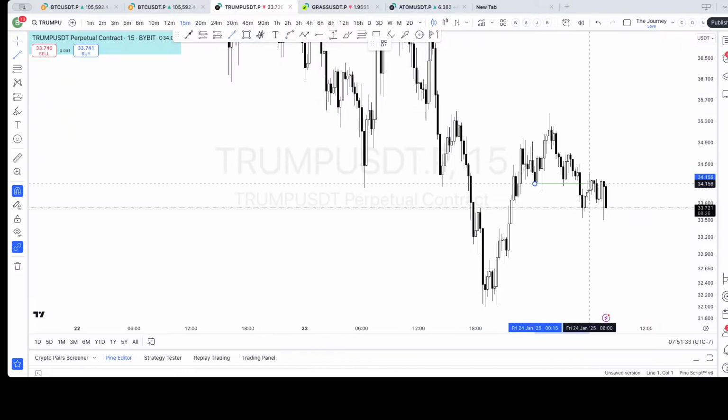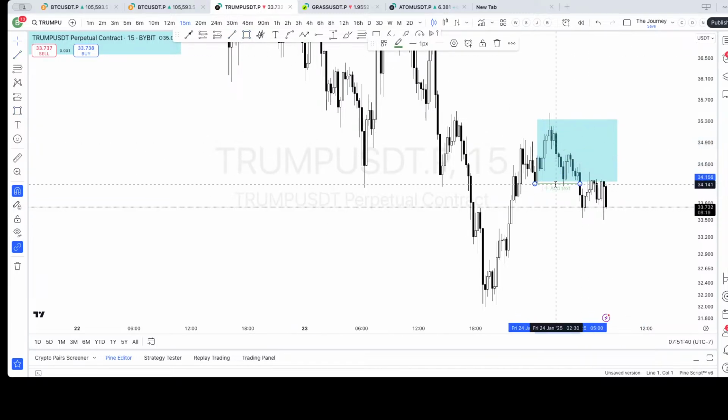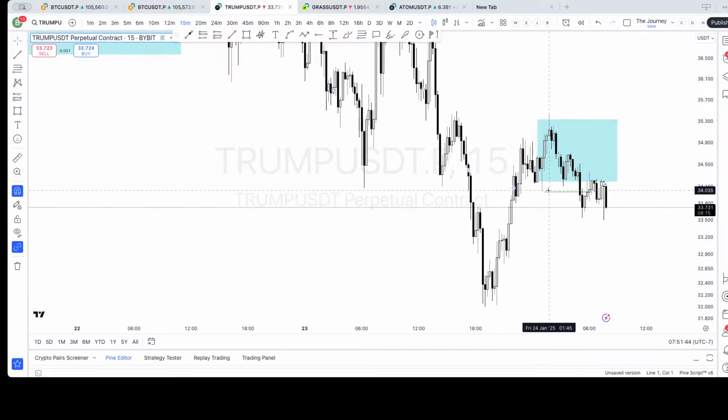You just lost your structure here. Whatever. Let's get it marked properly. Little stuff like that annoys me. So we've got to mark it properly.